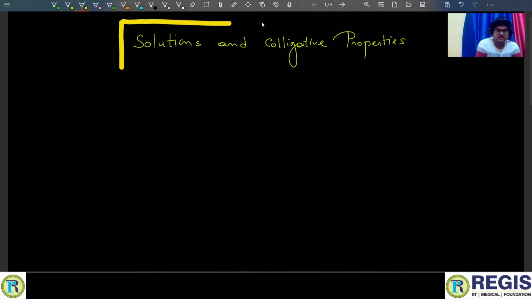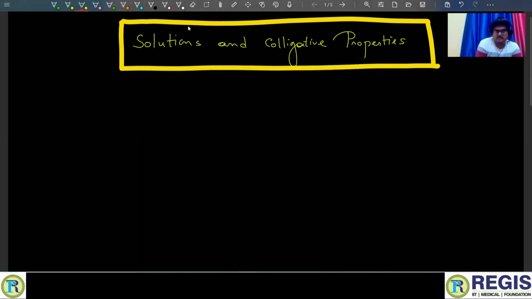The chapter name. Chapter 2 in your class 12 syllabus. Okay. Now, in solutions and colligative properties, what parts do we have to learn? First, concentration terms. Second, vapour pressure.